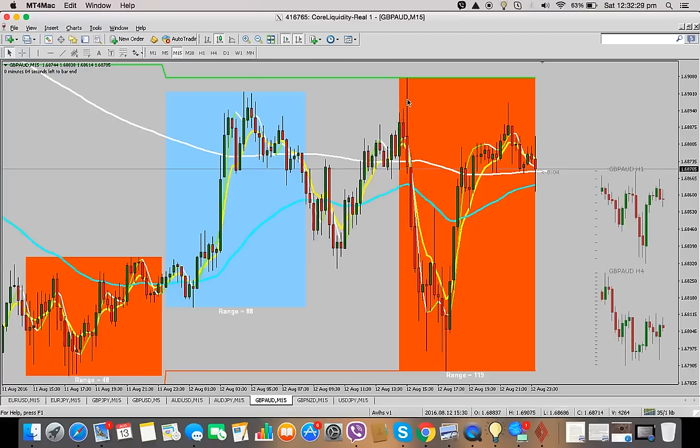By the time you jump in, the market's up here somewhere. And then what happens? They pull back on you. Let's measure the size of this candle. It's 35 pips. So depending on the size of your trade, you either would have lost a significant amount of money, or if you had a tight stop loss, that would have triggered you off and you would have lost something.